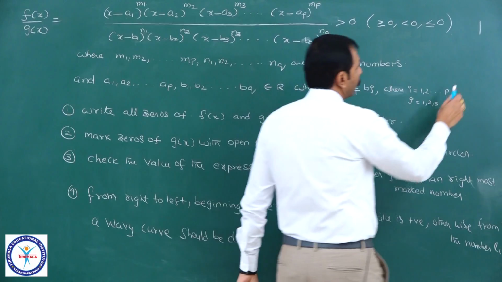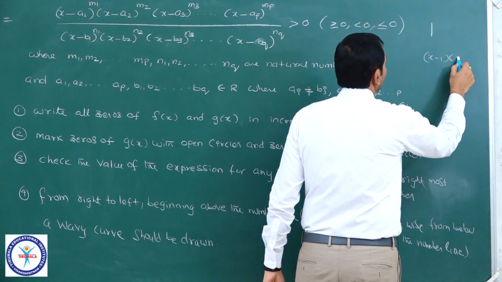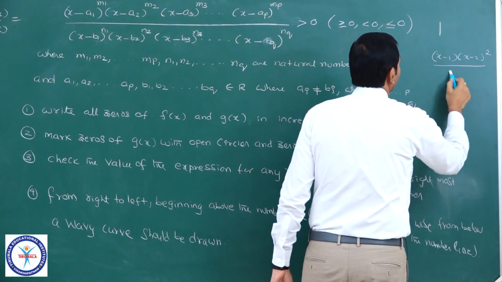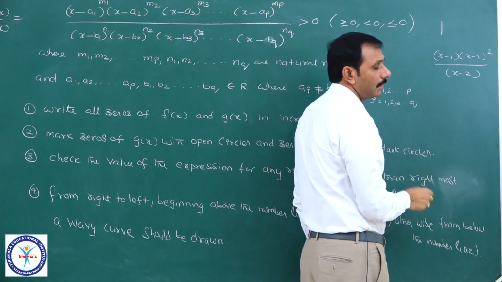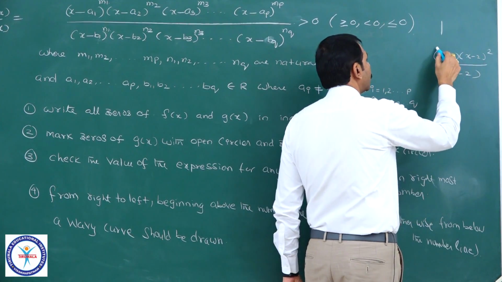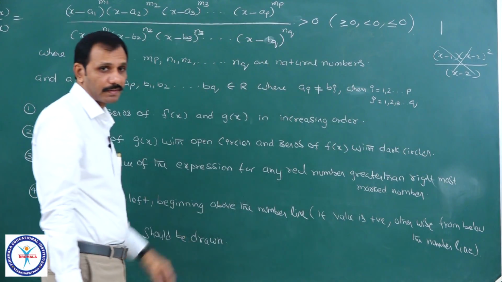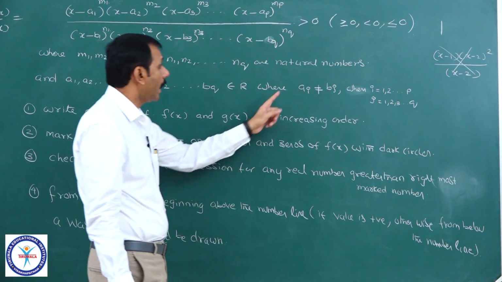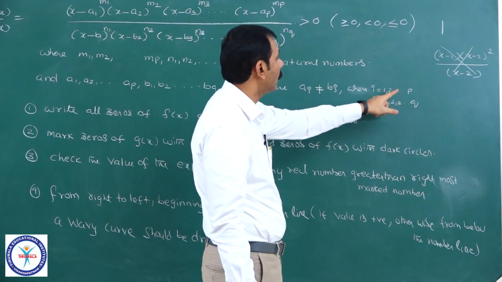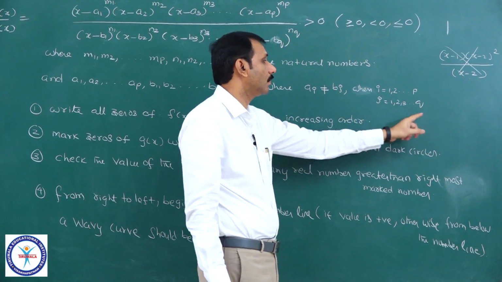They will not give something like (x minus 1) into (x minus 2) whole square by (x minus 2). If it is given, then again you need to cancel. These types of inequalities will already be given in simplified form. That is the meaning, where ai is not equal to bj, where i equals 1, 2 and so on to p, and j equals 1, 2, 3 and so on to q.